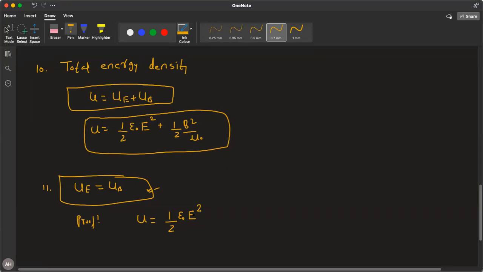We just have to prove that U_E is equal to U_B. Let's call this equation number 1.